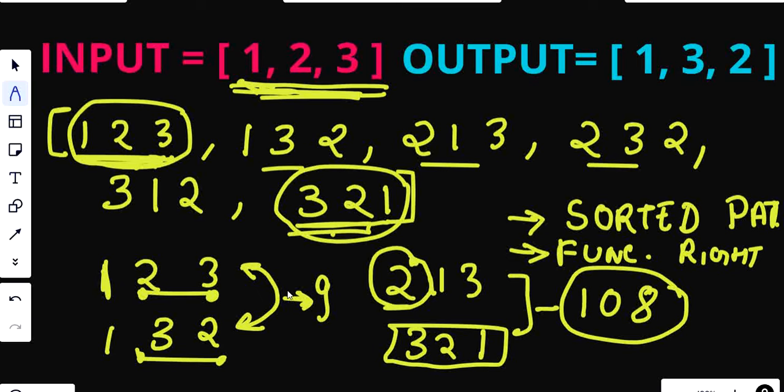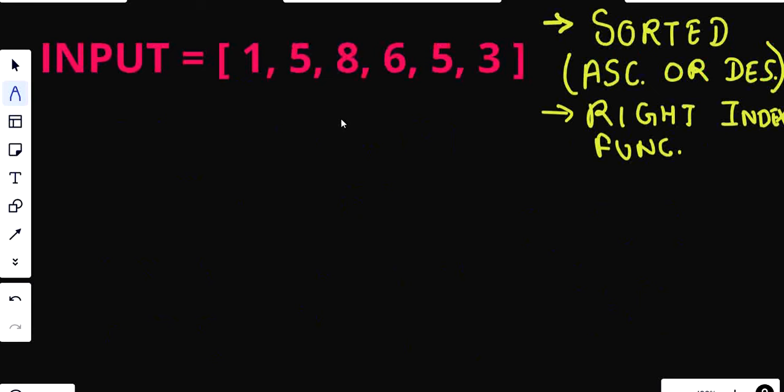So let me first clean this board and then we'll see that example. This is the new example with which we will understand and apply our previous observations. The first one is that whether it is in ascending or descending order tells us whether this is the smallest permutation or the greatest.